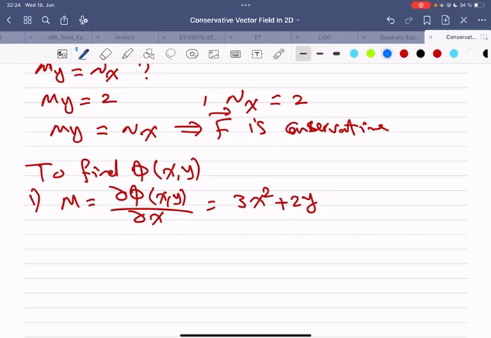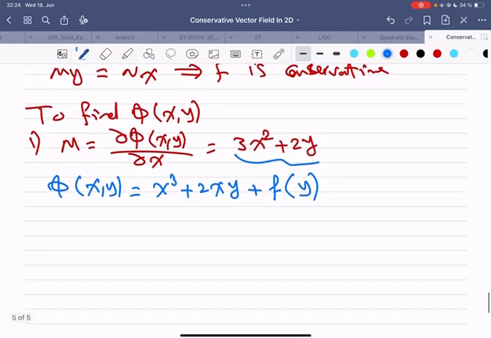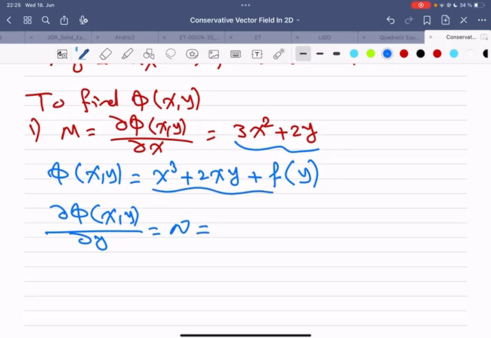So if we integrate this according to x, it will give you phi xy equals x to the power 3 plus 2xy plus function of y. Then d phi xy by dy, which is n, equals, differentiate this according to y, gives you 2x plus f dash y.